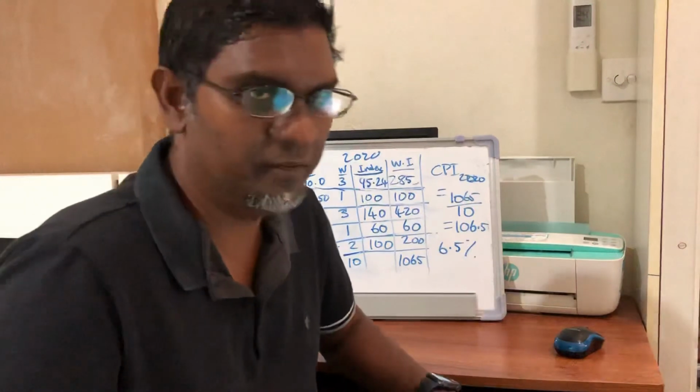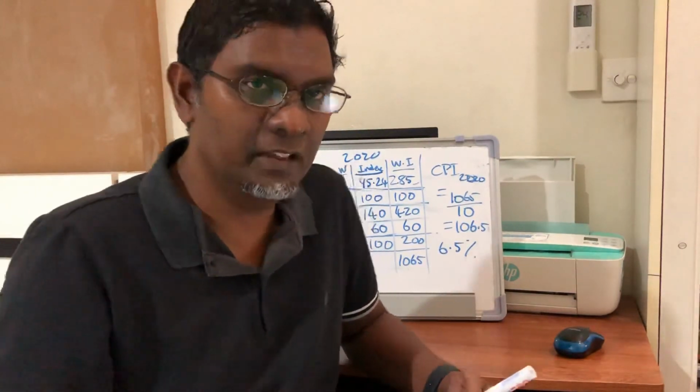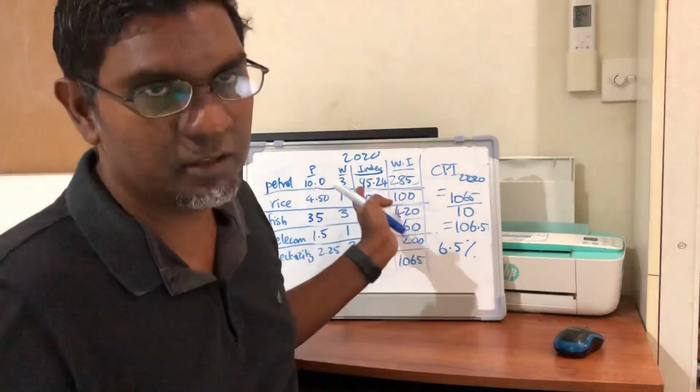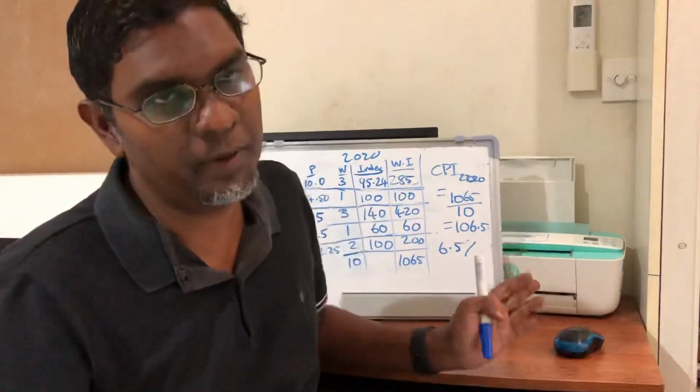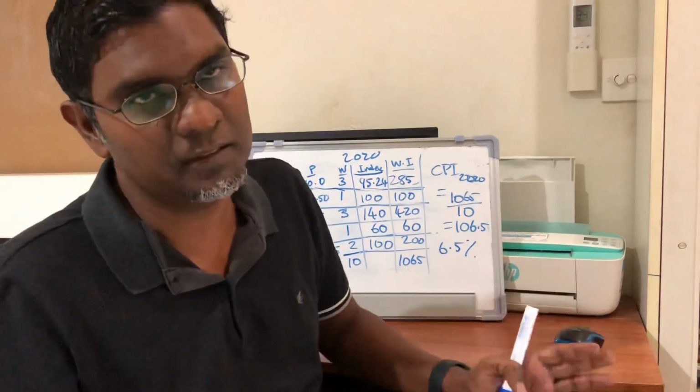First, what we have done is select a basket of goods and services, and that basket of goods and services is selected based on the average household's expenditure, and then we give a weight to each product or service, and then that weight is multiplied by the index, and in the base year the index will always be 100, and then we compare the increase in prices compared to the base year.